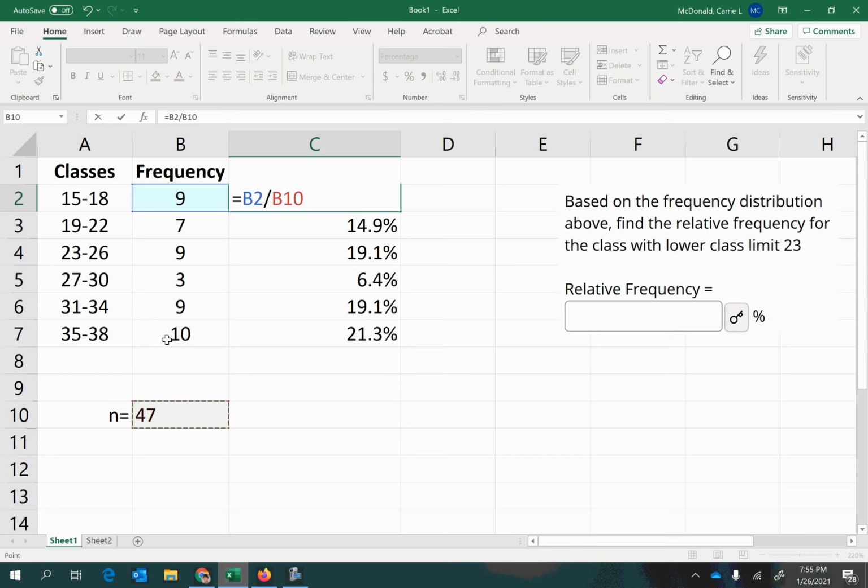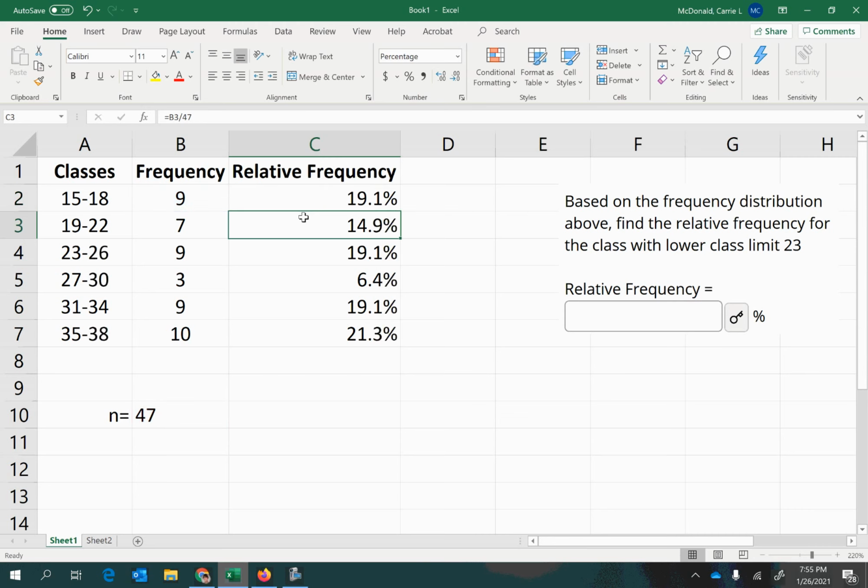And I can make that an absolute reference so that it only ever refers to that cell and doesn't get shifted anywhere. So I'm going to pin it in place by putting dollar signs in front of the column reference and in front of the row reference. So this is just for those of you who want to experiment with programming in a more advanced way.